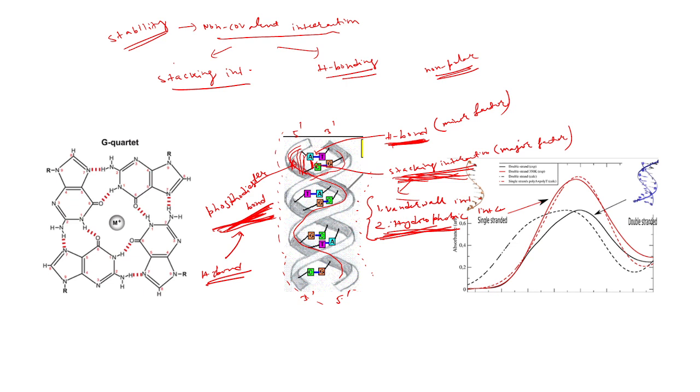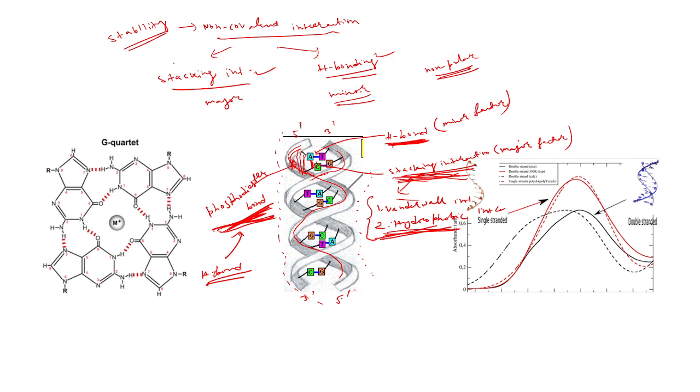That's why the hydrophobic and van der Waals forces minimize the interaction of the water to the non-polar bases. So these are the two types of interaction, stacking and hydrogen bond, the major and the minor factor for the stability of the structure.